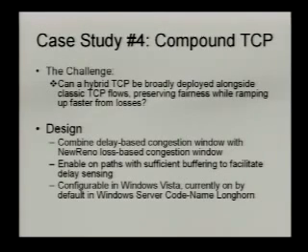Most of you are probably familiar with the sawtooth pattern that classic TCP has, and the degradation in pipe utilization that occurs over time as you repeatedly take a loss, and as the window gets larger and larger, it takes longer and longer to ramp back up to whatever throughput you had before.